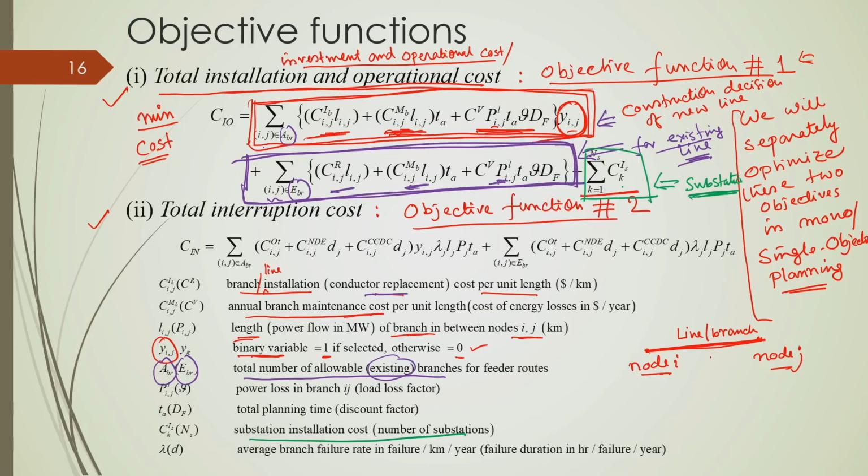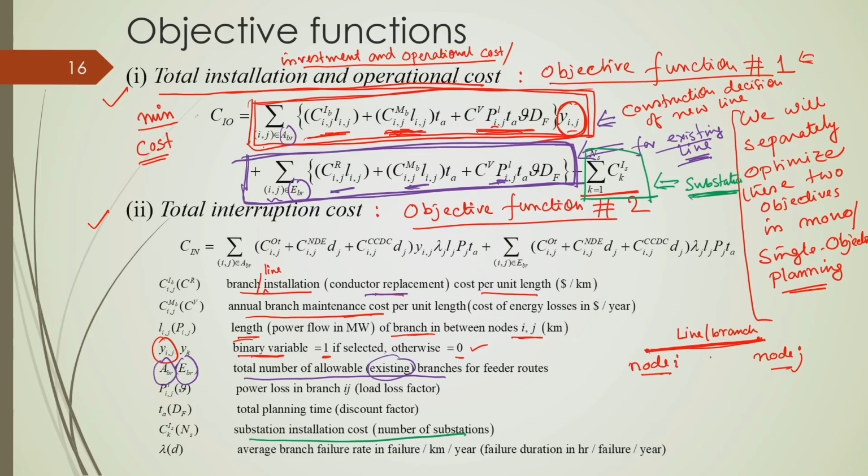The first two cost components consider the construction of new feeder branches and existing feeder branches, and the last one is the substation cost.